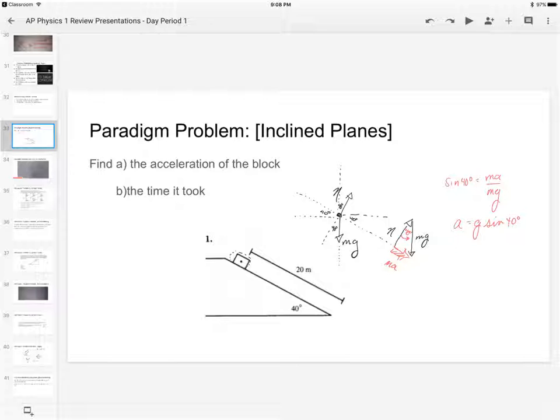And if I wanted to find normal force, I could do it. I would just have to use cosine, right? So cosine 40 degrees is going to be equal to normal over mg. So in other words, normal is going to equal mg cosine 40 degrees.